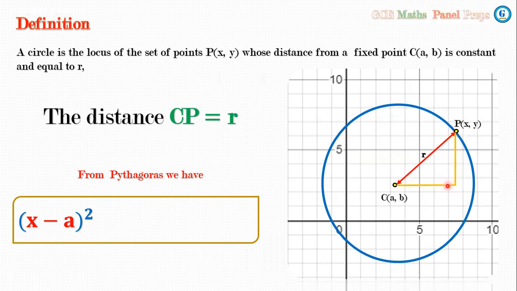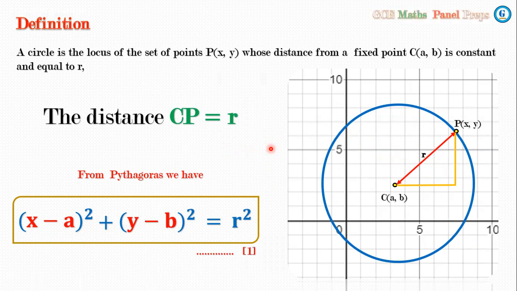And this angle here is 90 degrees, and this triangle is a right angle triangle. So the sum of squares of these other two sides should be equal to the square of the hypotenuse. So from here, r squared will be equal to (x minus a) squared plus (y minus b) squared. So these are some properties of a circle.